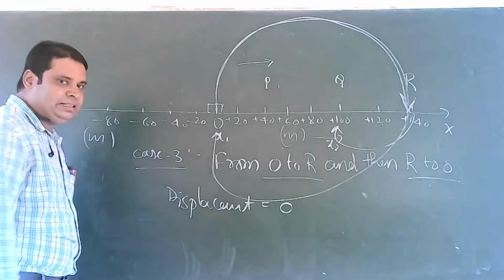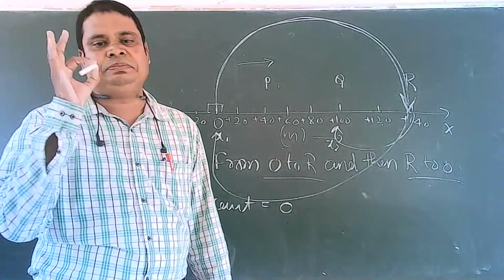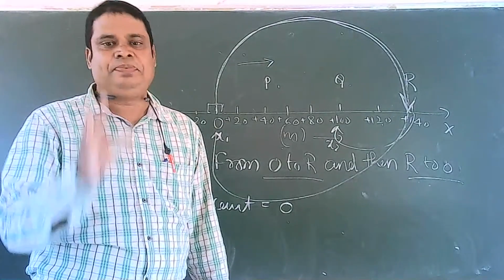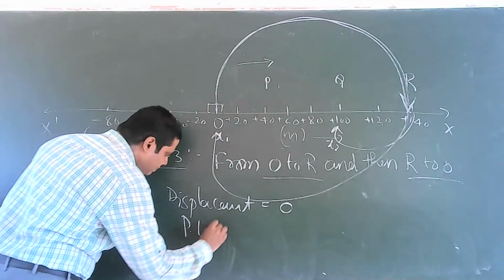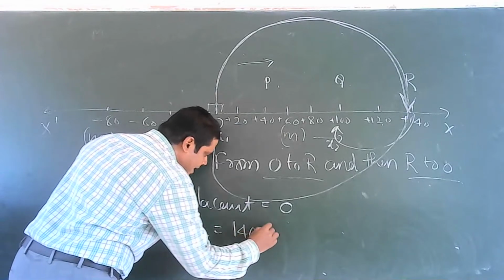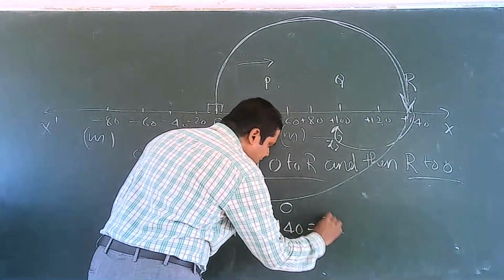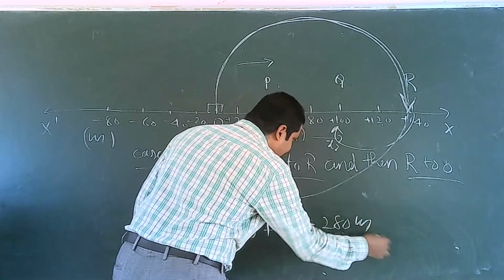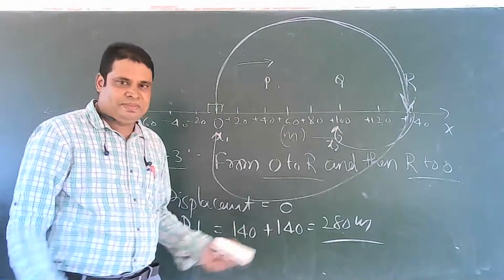What is your path length? Path length is always a positive quantity. It is the total distance traveled. Your path length will be 140 one side and once again 140 from the other side. It will be equal to 280 meter.